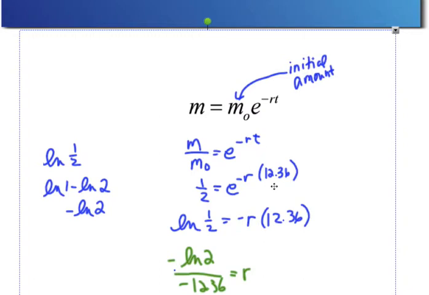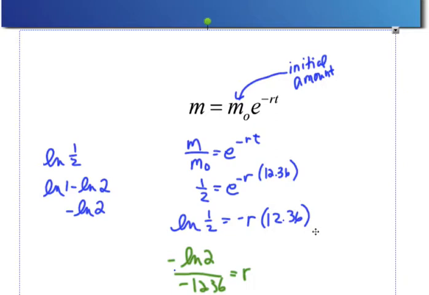The half-life tells me when I have half of my substance left, it has taken me 12.36 years. By telling me that, it will allow me to solve for r.